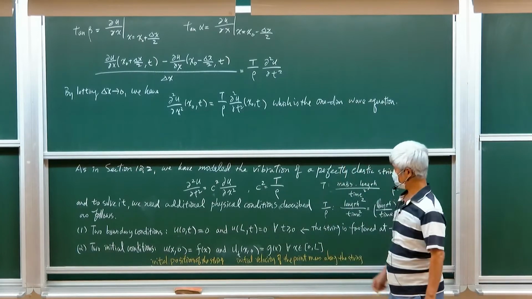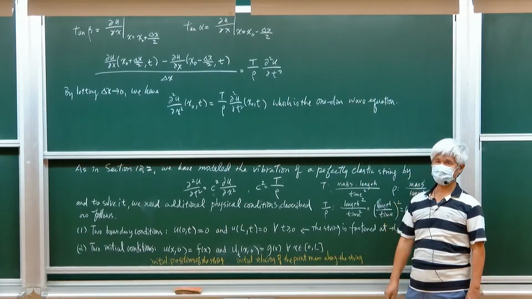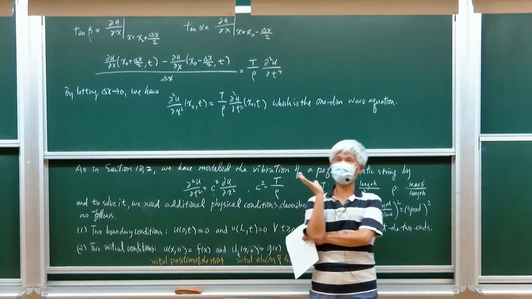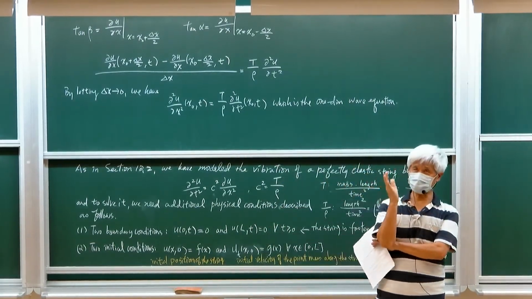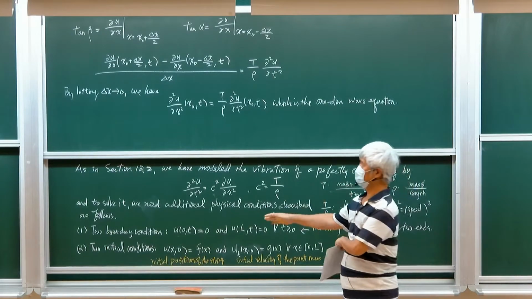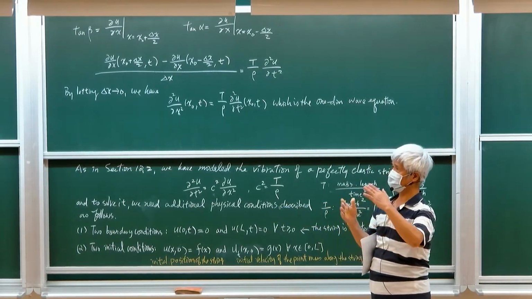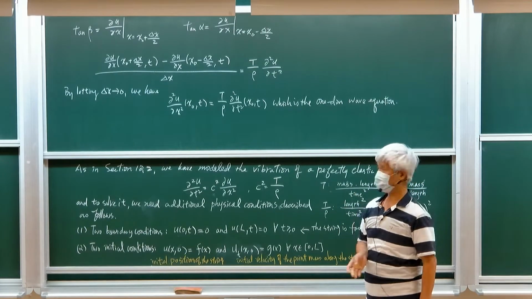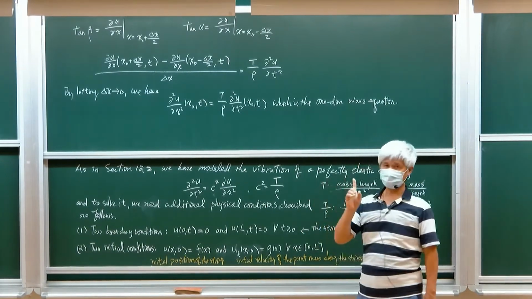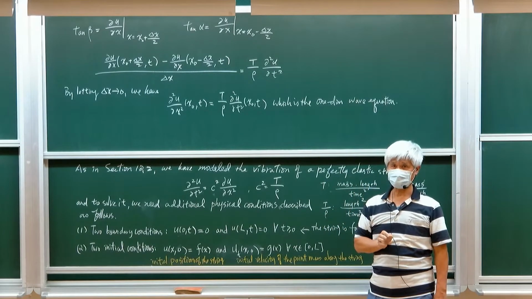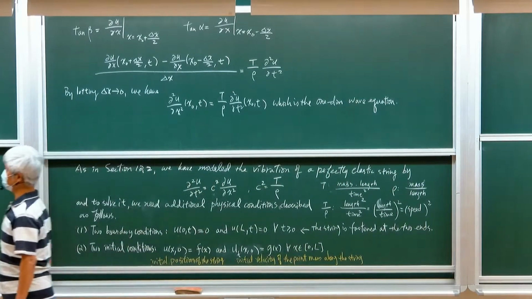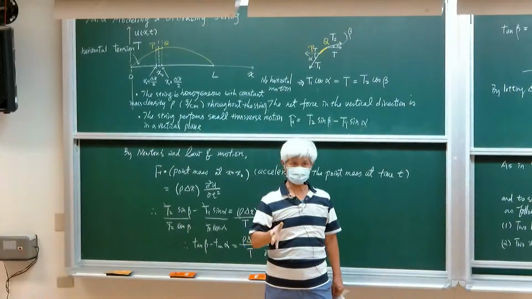Okay, and the velocity of the point mass around the string. So you think about that. With initial position and initial velocity, the string will vibrate in a unique way. So we must have a unique solution by the law of physics, because in classical mechanics all the systems are causal.